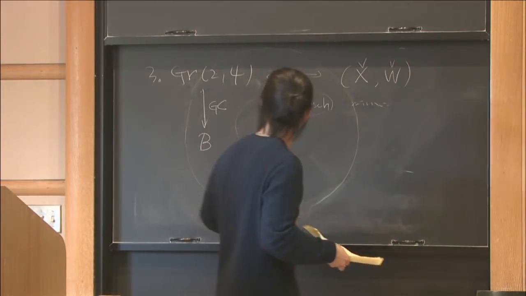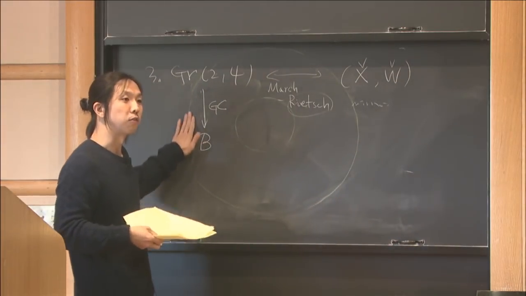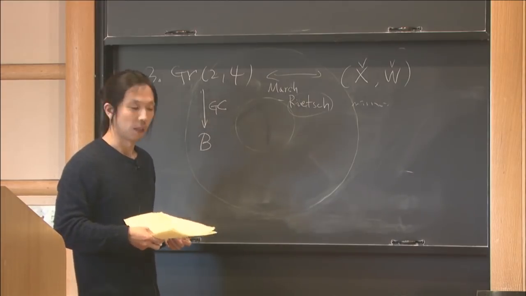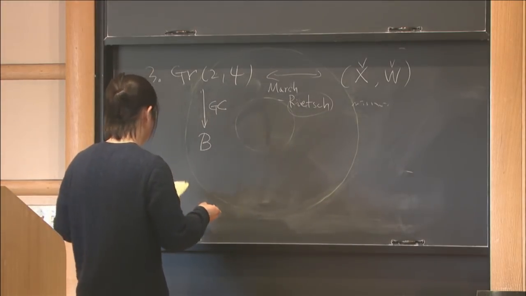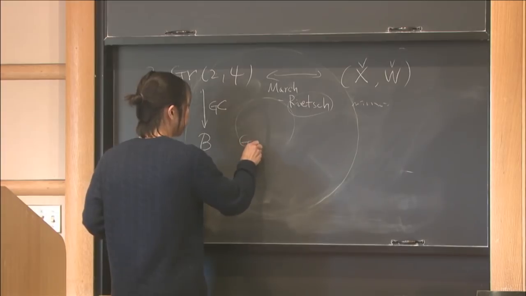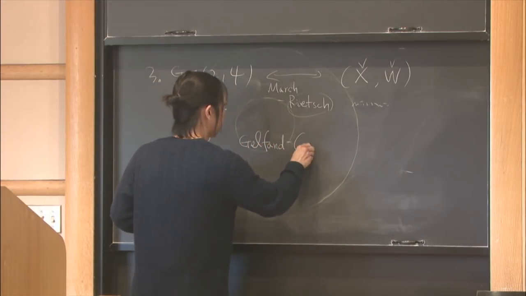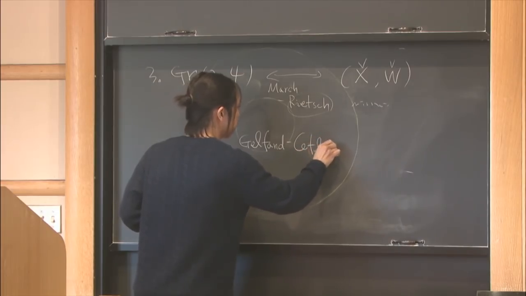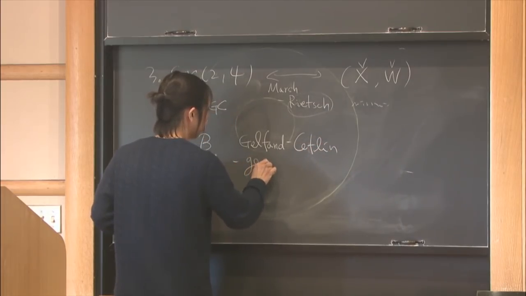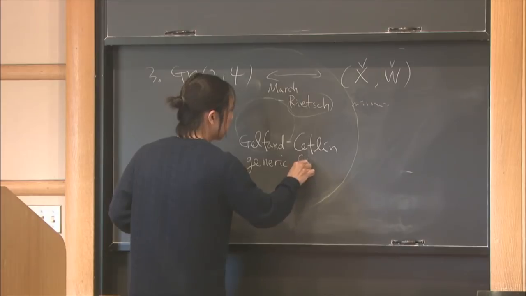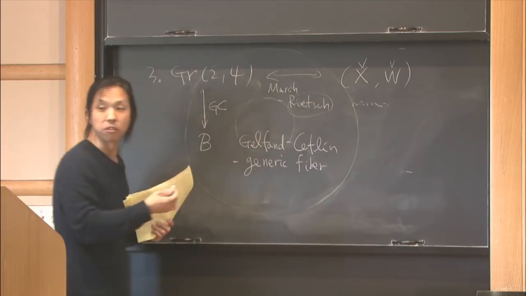So for example, the non-generic fiber could be S3 cross S1. So this is called Gelfand-Cetlin. And as I said, the generic fiber is T4, a 4-dimensional manifold.